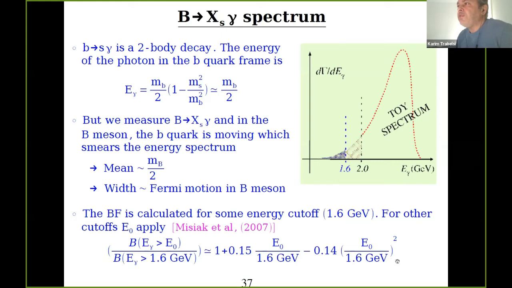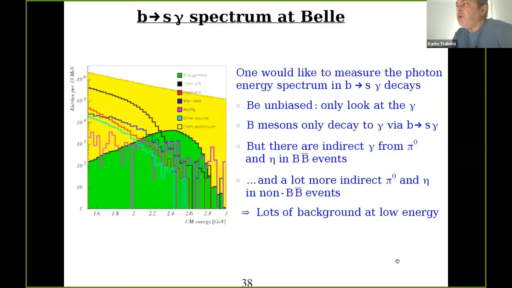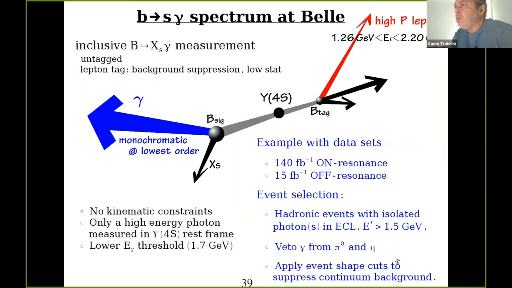For the case of B to S gamma, I go directly to the measurements. What we are doing is the following, which I always found very smart: we just look at a single gamma in the final state.